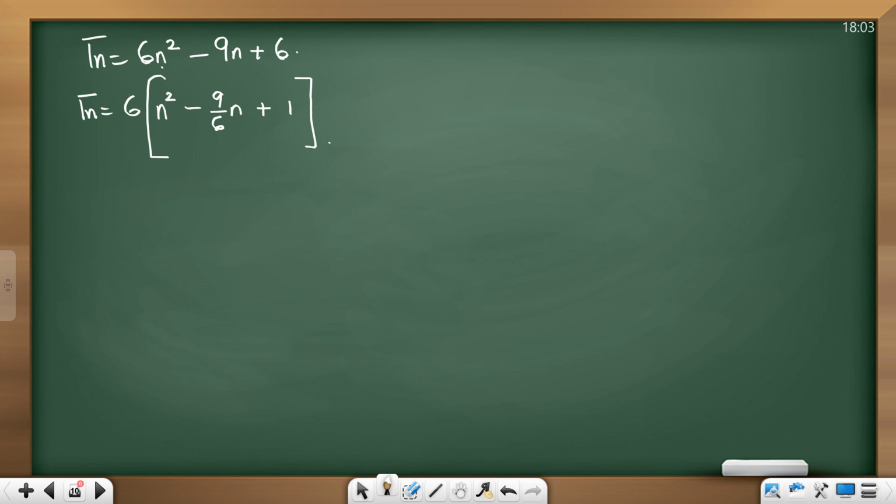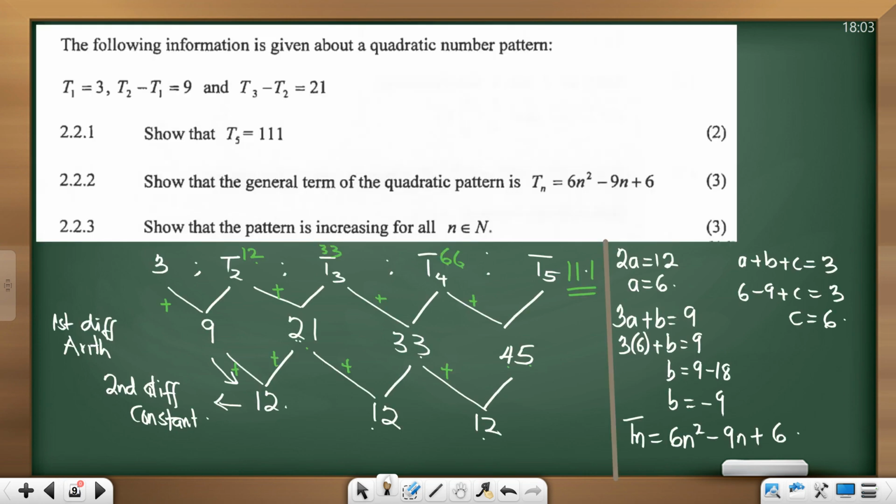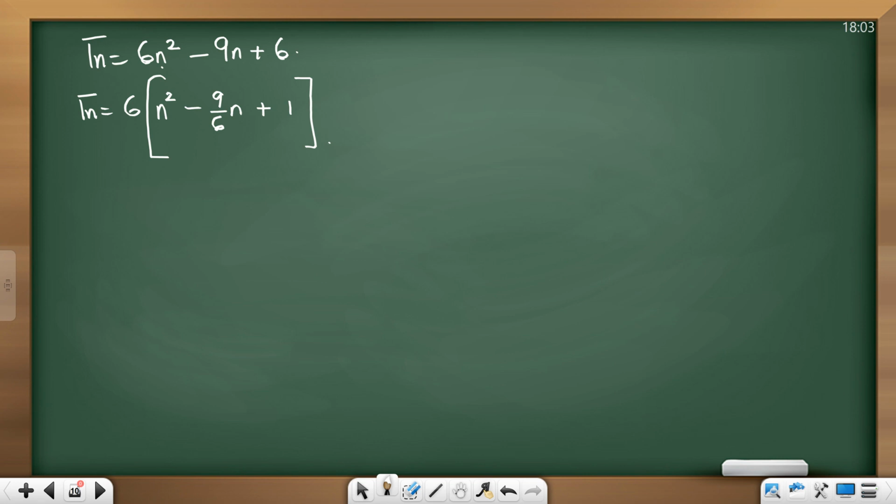Where are you lost? Quickly give me the question number. Okay, all right. If I ask you to factorize 2n squared minus 4n plus 8, what will you do? You take out 2 as a common factor, right? Good. What are you going to have?